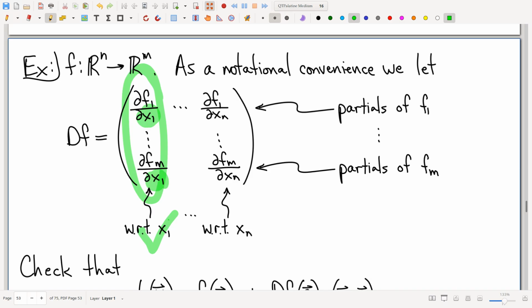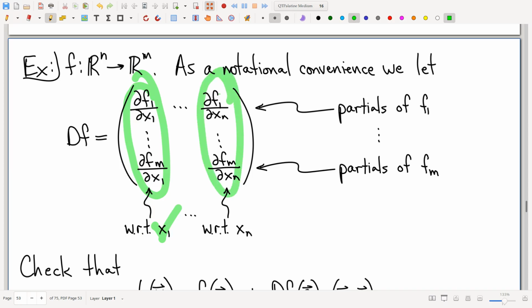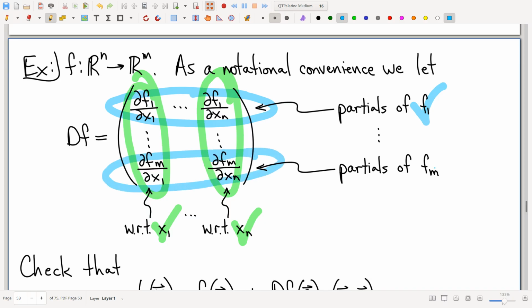But let me just say I like to think of the columns as corresponding to input variables, because in any given column, all the partials are with respect to the same input variable. So, for example, I will think of this as the x1 column, this as the xn column, and likewise, I'll think of this as the f1 row, and this is the fm row.